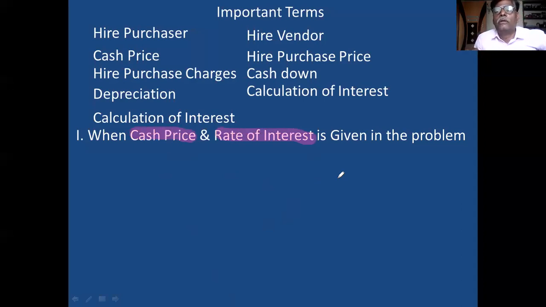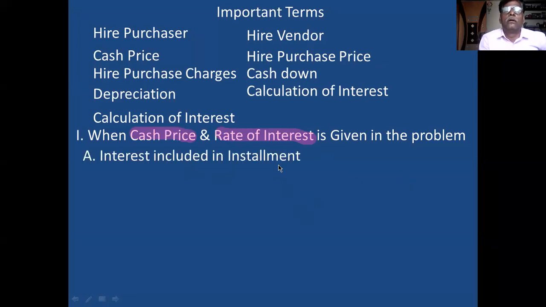You take the problem, read the problem. After reading the problem, you come to know whether cash price is there in the problem or not. First point. And second point, you find out whether rate of interest is there or not. If these two items are there, you have to prepare the following table. One more thing you have to remember.